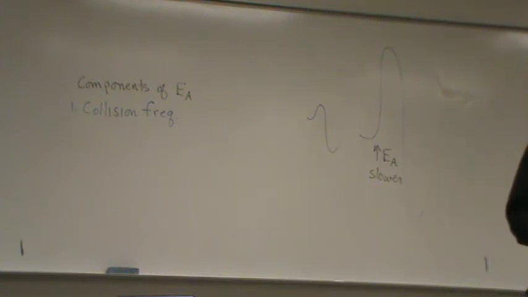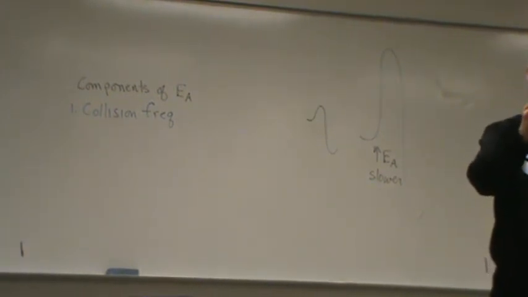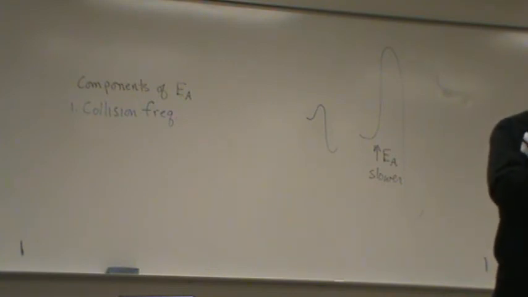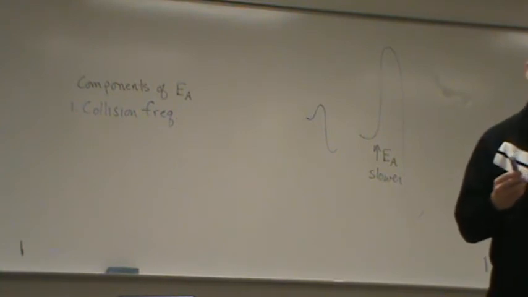In order to get two molecules to react, if these are A and B, what must they first do? They got to bump into each other. They got to collide. Okay? So collision frequency means the more they collide, the greater the frequency, the better the chance I could have a reaction.